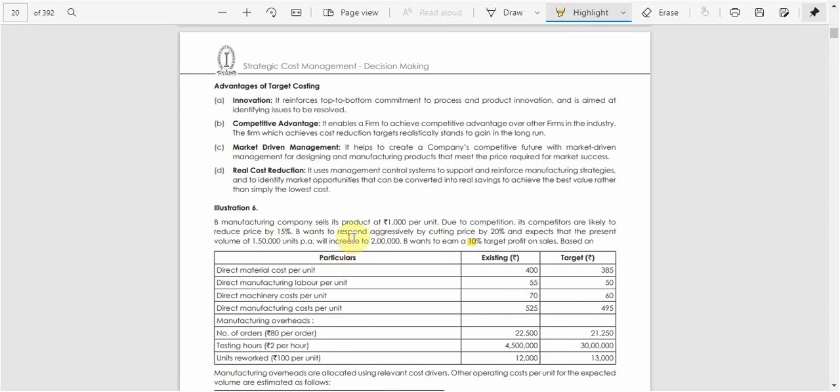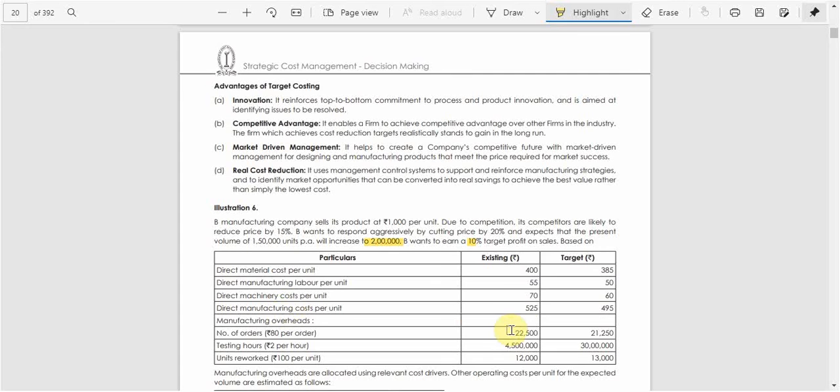So here the information given is that the expected volume is 2 lakhs and the target profit is 10%. In the problem it is also given that direct material cost is 400 existing and the target is 385. Direct manufacturing labor per unit is 55 existing and the target is 50.